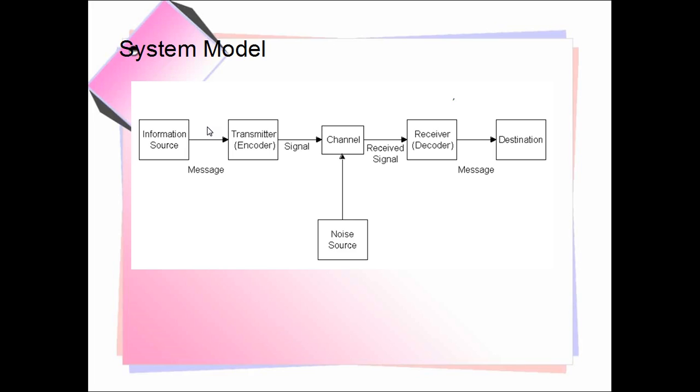The sender wants to send a message to the receiver, and first the message should pass through the transmitter, which includes the encoder, and then the message is converted to signal, and after modulation and transmission, the receiver receives the signal and the decoder transforms it back to the message.